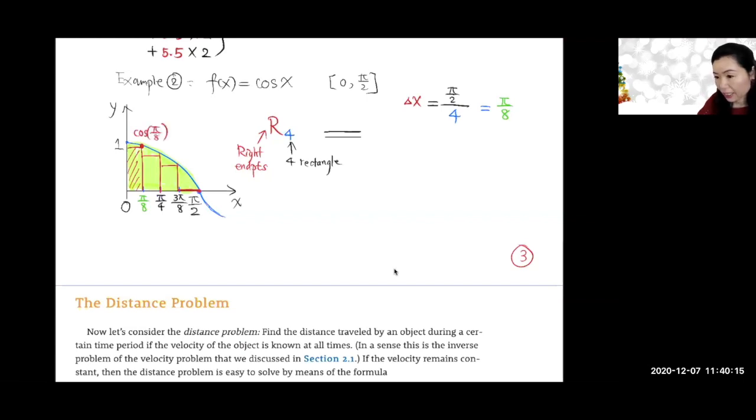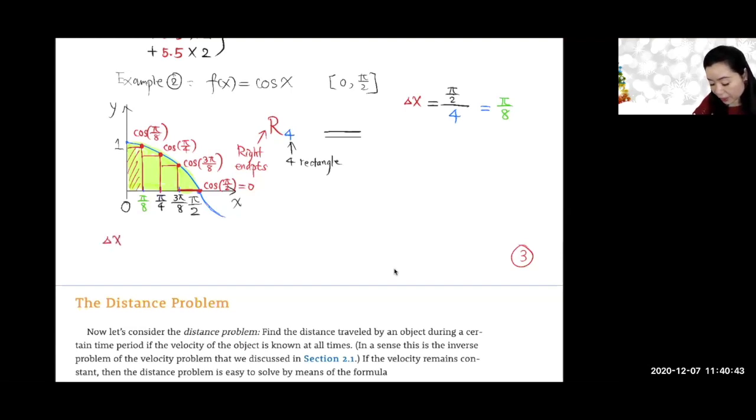This one over here is cosine of pi over 4. This one over here is cosine of 3 pi over 8. This one over here, the y coordinate is cosine of pi over 2, which is equal to 0. So it collapses to 0, okay?